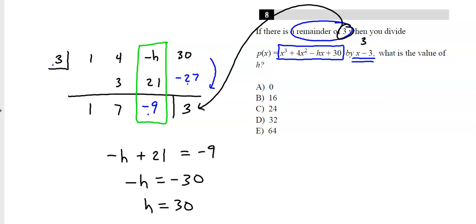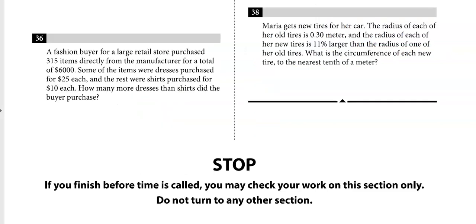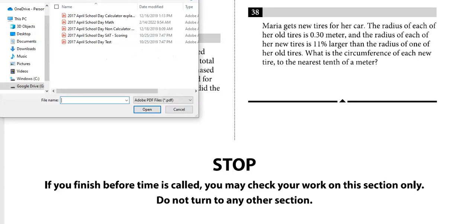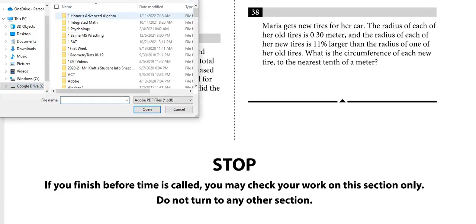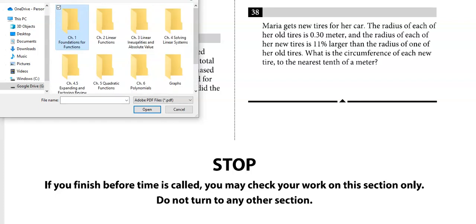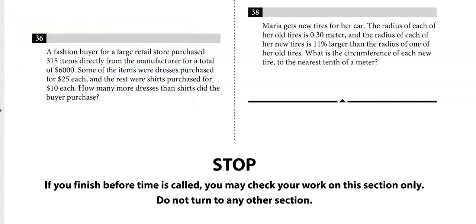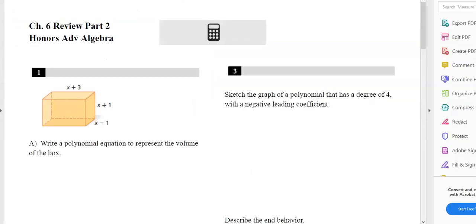Apparently I changed these answers because these were from the wrong problem, but it should have been one of the choices. I actually kept this up from earlier in the day. So let me get rid of that and open this back up and find Google Drive, Honors Advanced Algebra, Chapter 6, Review Part 2, because I know I redid this and resaved it.